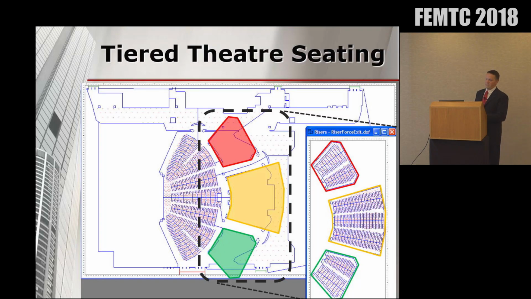So here's our tiered seating in a theater. Basically, these zones sit on top. There are multiple stairs that connect each aisle. Well, there's one stair per aisle, and those connect into this area of the lower level.